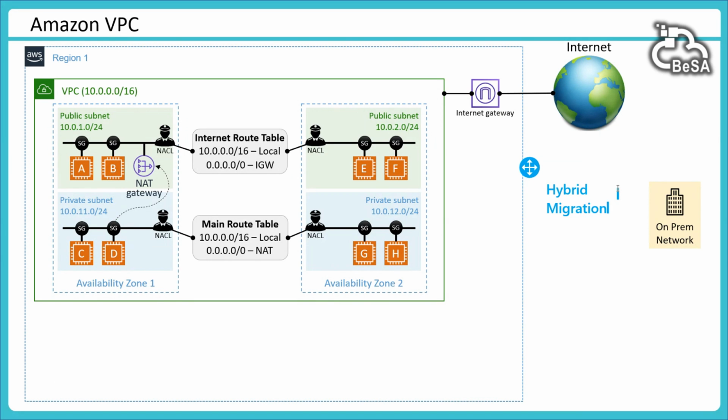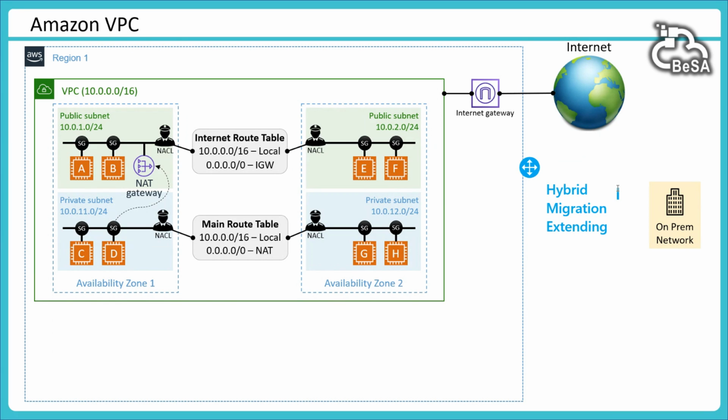Migration could be of data or of application. It is purely up to me. Or maybe I am extending my footprint in the sense that I do not have sufficient capacity on-prem and now I want to use cloud for some capacity need, maybe temporary, maybe permanent. So these are some use cases for a hybrid connectivity model.